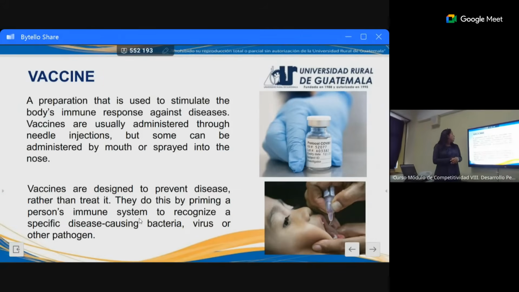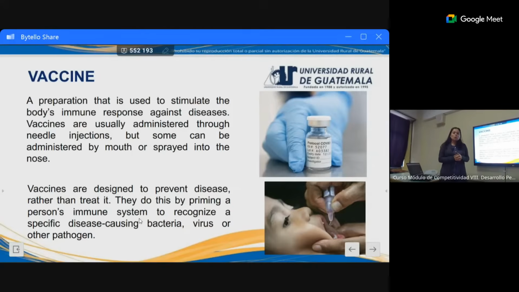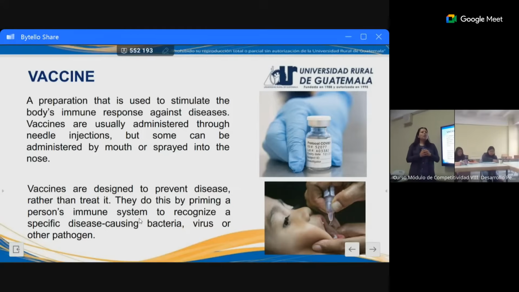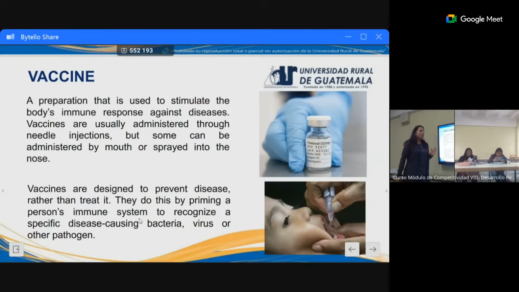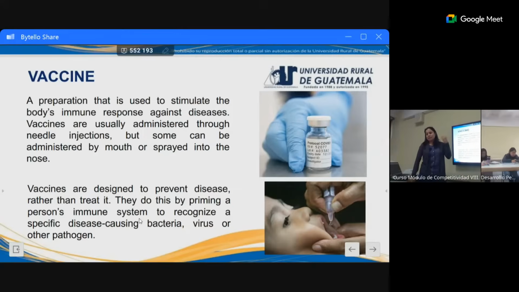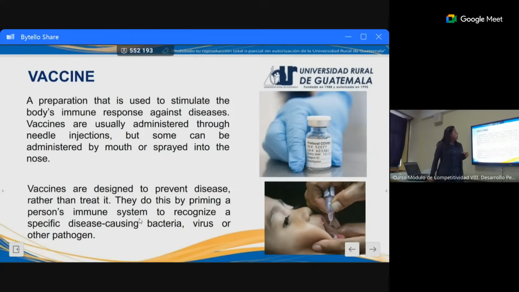So what do you understand when we talk about a vaccine? Remember, for those who haven't downloaded the Google application, I invite you to download and install it on your device so you can see this presentation translated into Spanish. I already shared these presentations with you, so please read them. So let's read.